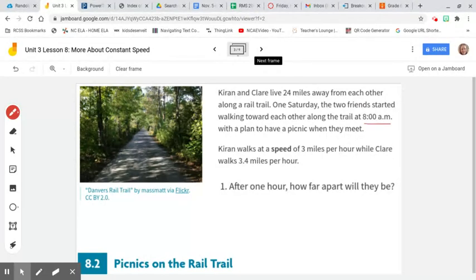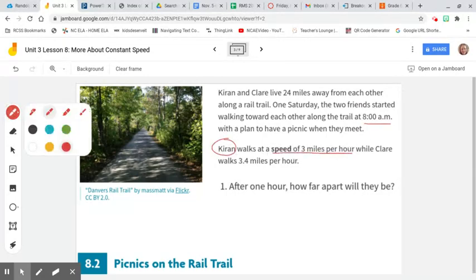Kieran walks at a speed of 3 miles per hour, while Claire walks 3.4 miles per hour. After 1 hour, how far apart will they be?